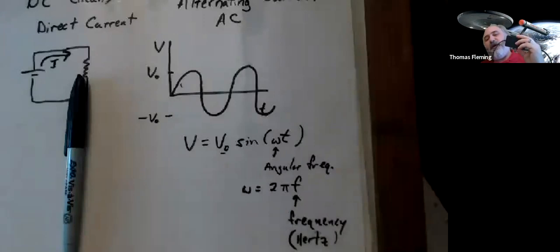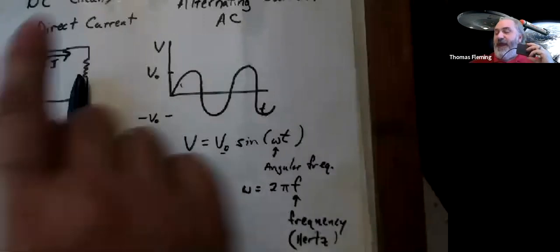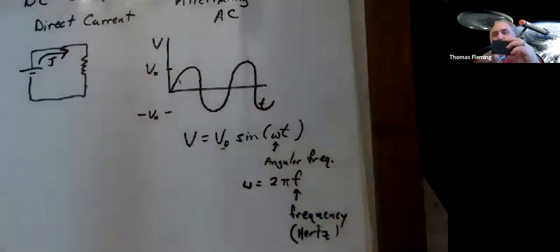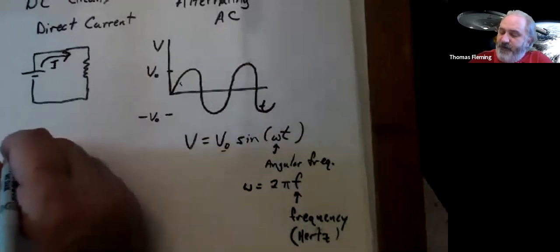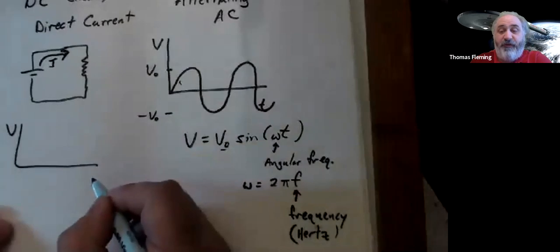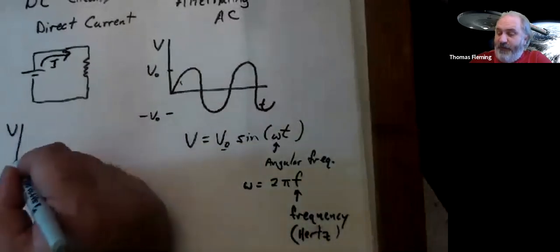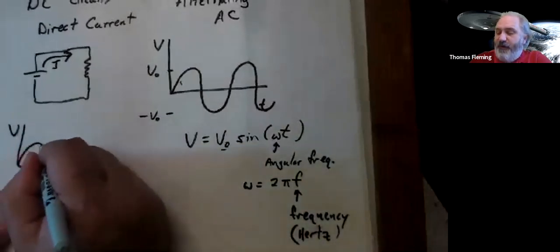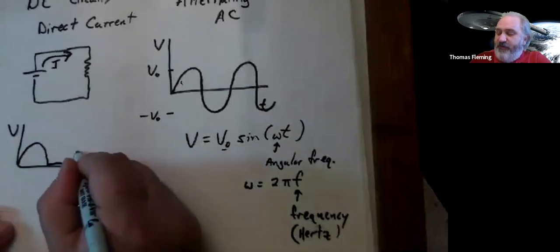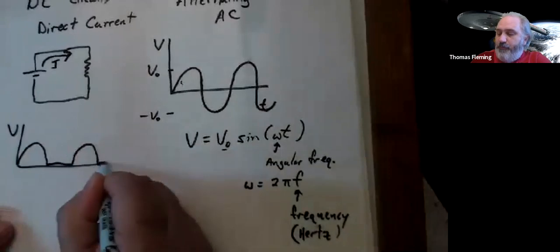A rectifier converts AC into DC, because inside my rectifier, every time the current tries to go negative or the voltage tries to go negative, it won't let it. So it'll be like, I'm going positive, positive, positive, positive. I want to be negative. Nope. Positive, positive, positive, positive, positive. I want to be negative. Nope.